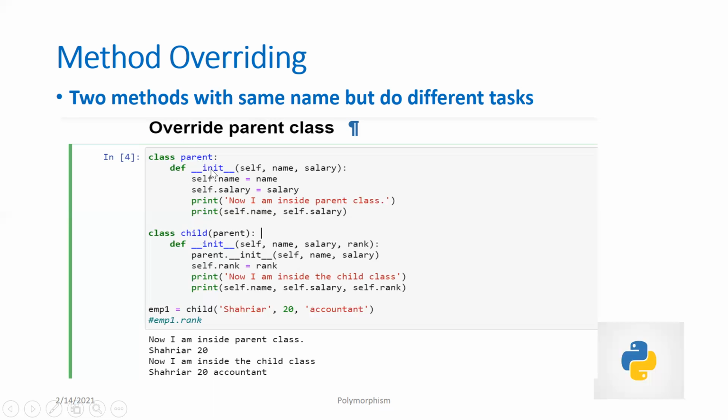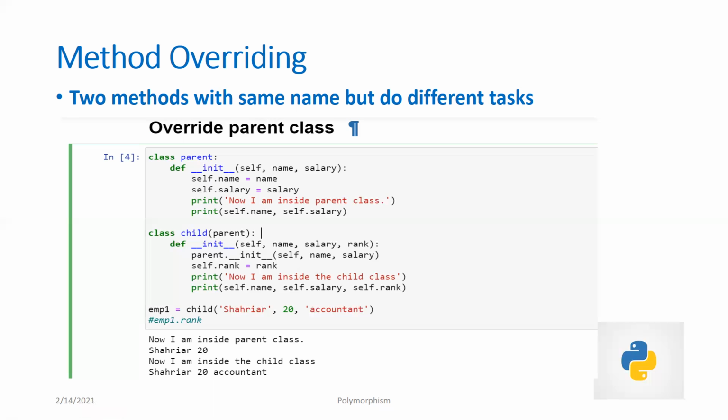The parent class has an init method which takes two arguments, name and salary. But in the child class, the same method is extended with different attributes: name, salary, and rank. Name and salary are already defined inside the parent class, but the child class extended a third attribute, that is rank. So the child class is overriding the method of the parent class, and this phenomenon is called method overriding.